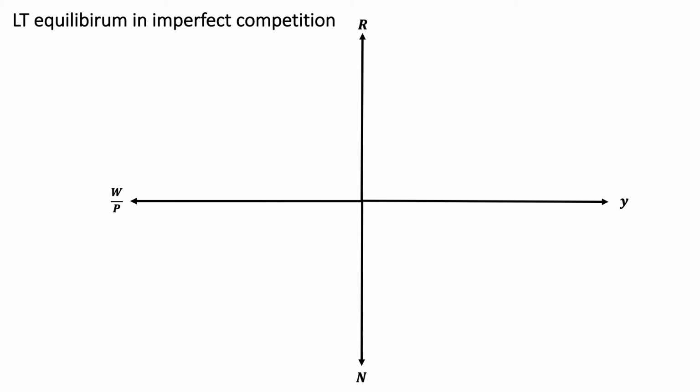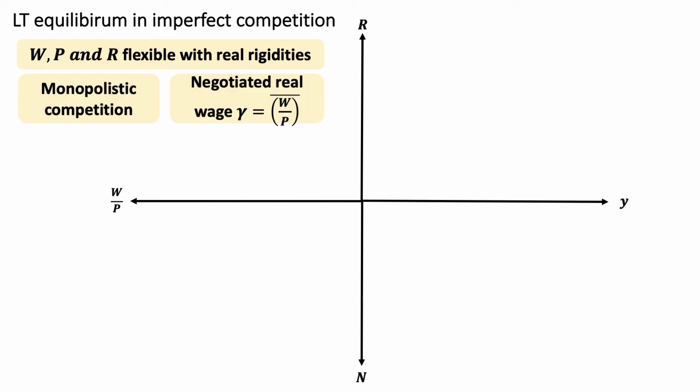So from now on, we will set the model in an environment of imperfect competition with real rigidities. This means that the representative firm will behave as a firm in a situation of monopolistic competition, rationing the goods market and selling at a higher price than in perfect competition.